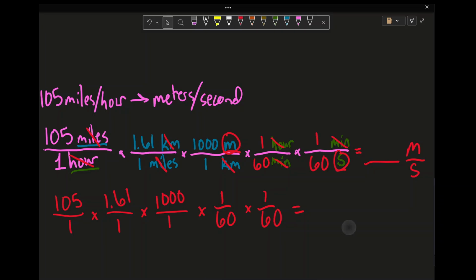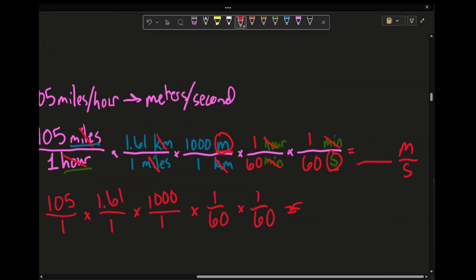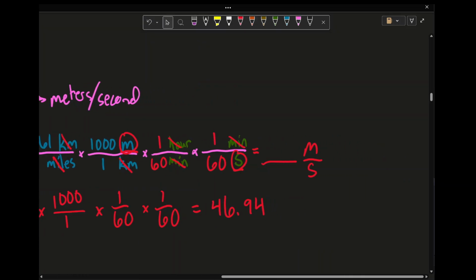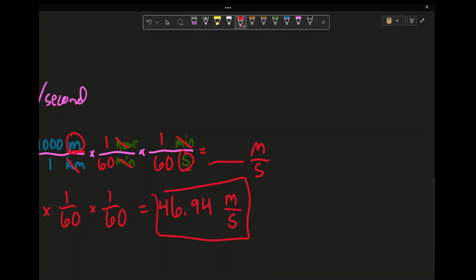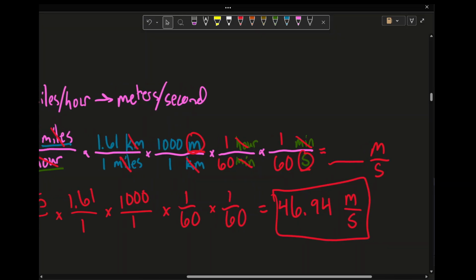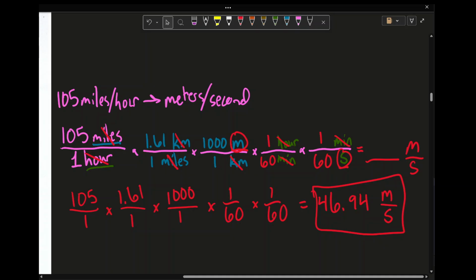And doing all of that out, we would get 46.94. And then that would have the units, which is what we wanted, of meters per second. So that's a rate conversion. Basically, the challenge for any of these conversion factor problems is figuring out what the pathway is to get from one unit to the next.